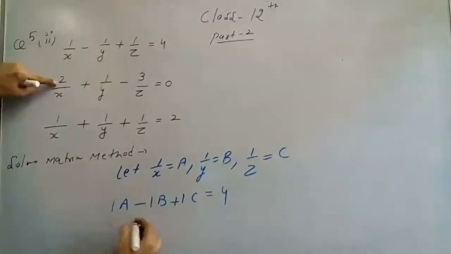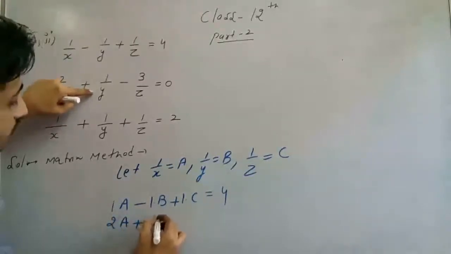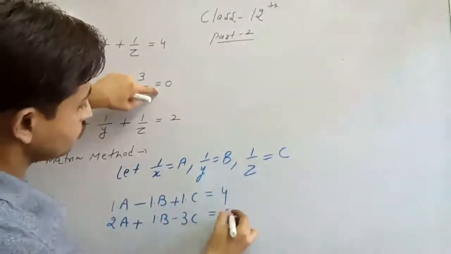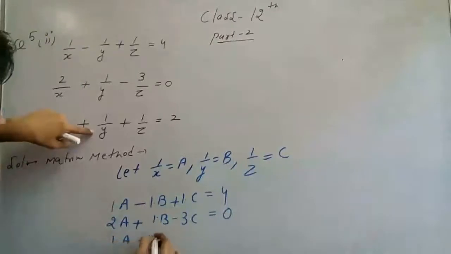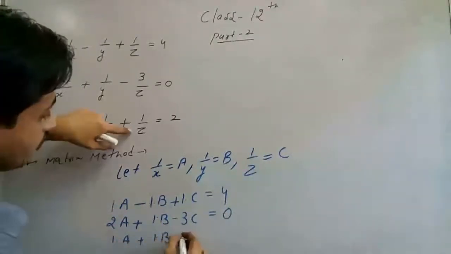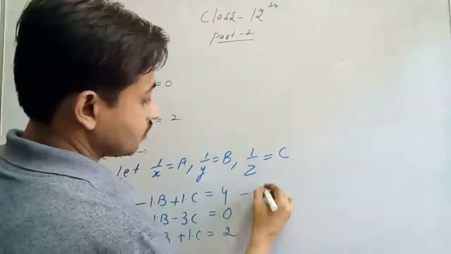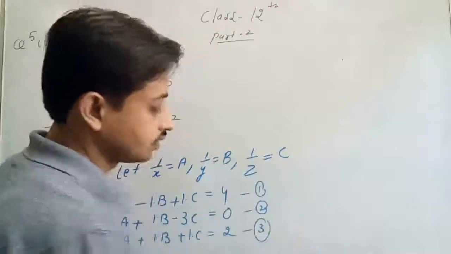The second becomes 2a plus 1 into b minus 3 into c equal to 0. The third is 1 into a, 1 into b, 1 into c, equal to 2. These become equation 1, 2 and 3.